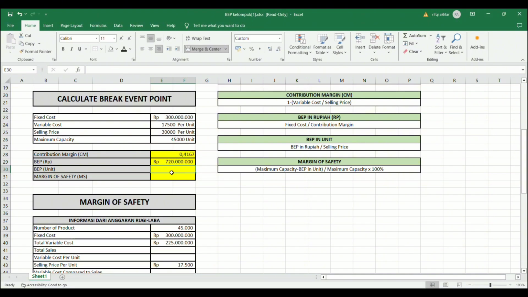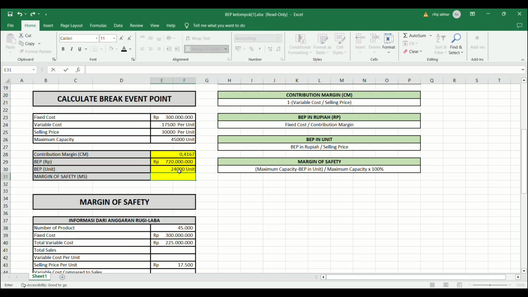Next is break-even point in unit. The formula is equal break-even point in rupiah divided by selling price, and then enter. Okay, last is margin of safety.